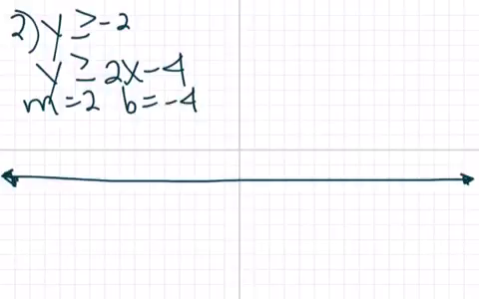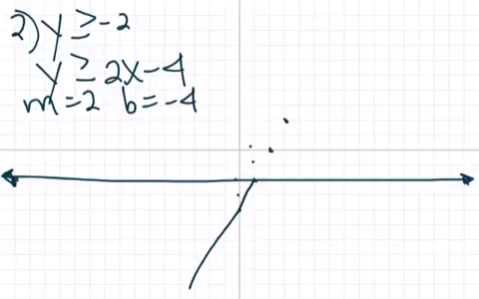So we start on the y-intercept of negative 4, and the slope is 2. That means to go up 2, right 1, up 2, right 1, up 2, right 1. So the solid line would go here.